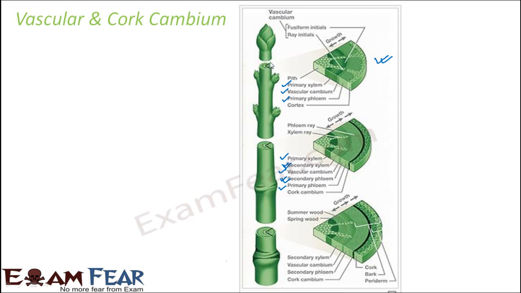So that is why you see initially this was the thickness, then later due to the activity of vascular cambium the thickness increases, again due to the activity of cork cambium the thickness further increases. So this is how secondary growth takes place in plants. Right? So I hope the secondary growth in stem is very much clear now.